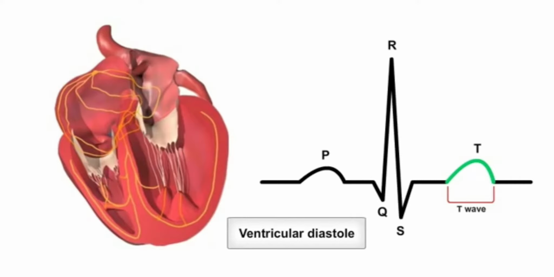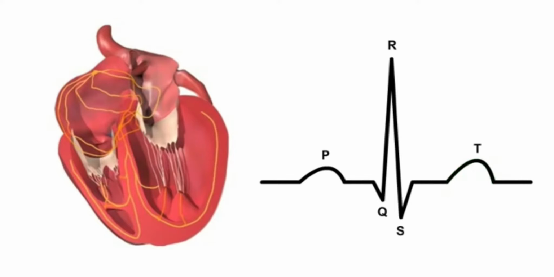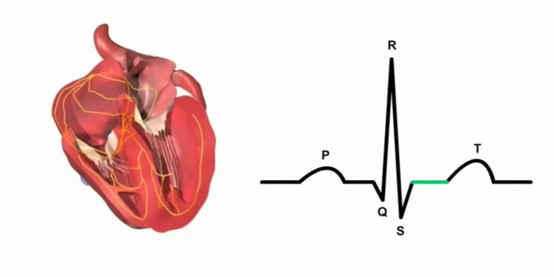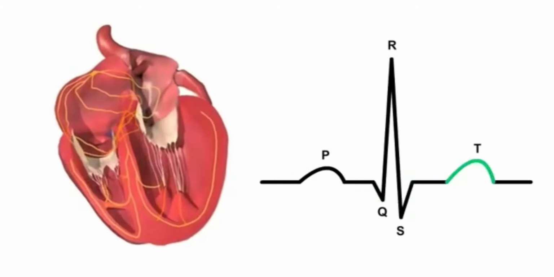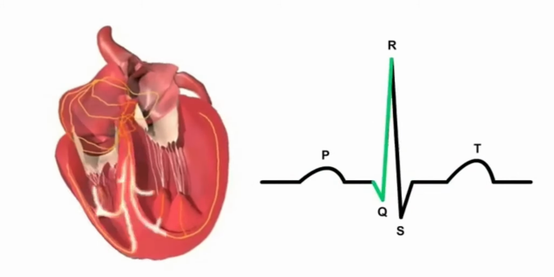So the T wave represents the ventricular repolarization, and the gap between the S wave and the beginning of the T wave is called as ST segment, and the beginning of Q wave to the end of T wave is called as QT interval. So that is how the conductive system of heart shows the electrical waves in the electrocardiogram.